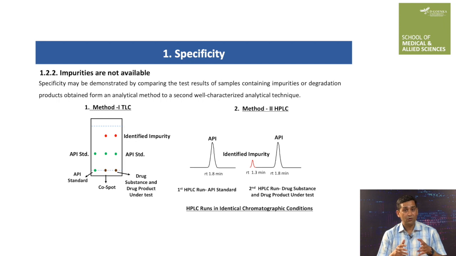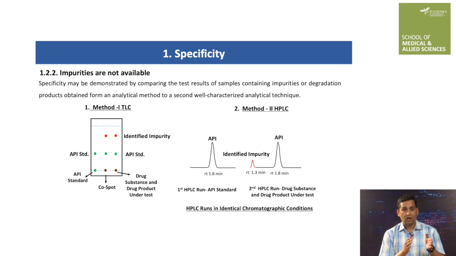Let me brief you about TLC for those who need to know about it. The first spot in TLC must be of the API standard. The second spot should be of co-spot, and the third spot consists of drug substance or drug product under test.